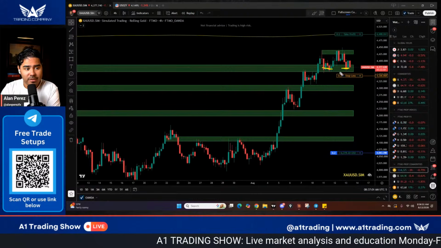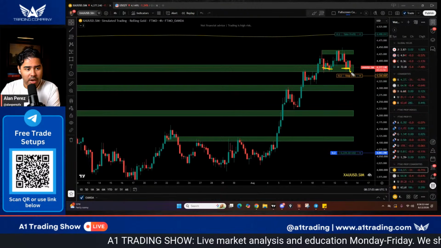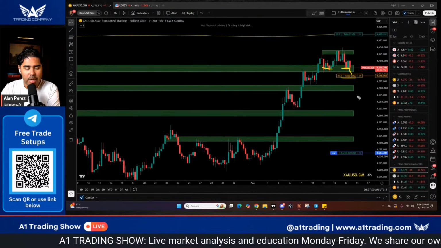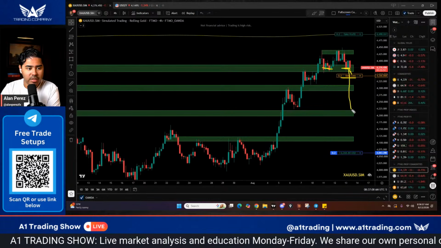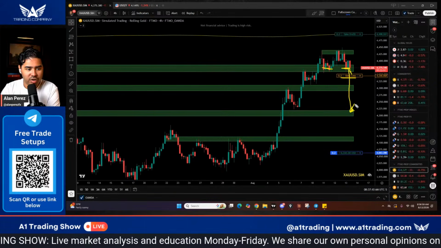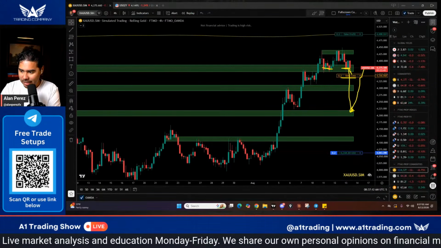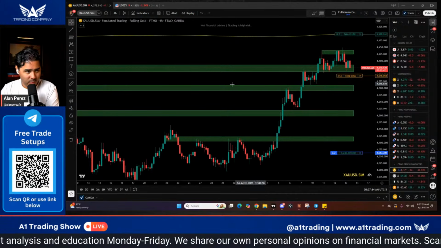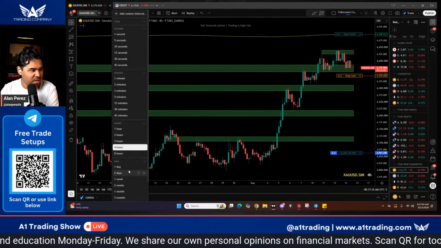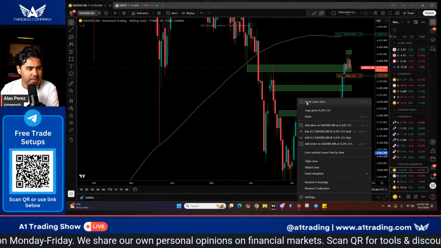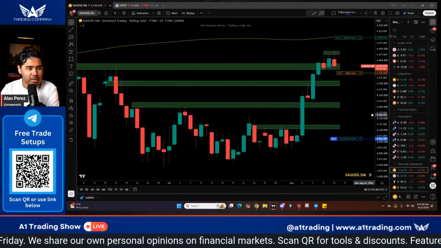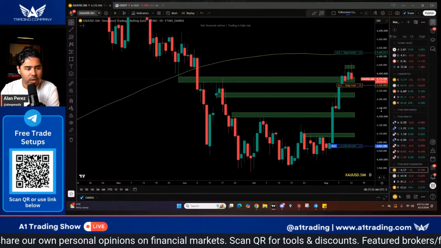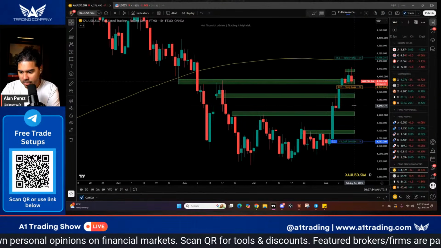If this level does break, then I will get stopped out here. Hopefully we get some bigger pullbacks where I can re-enter the trade long once again and continue riding it higher. This has been a really good leg. Nothing lasts forever, so we'll see what happens, but I'm very open-minded and willing to get stopped out and just re-enter again.